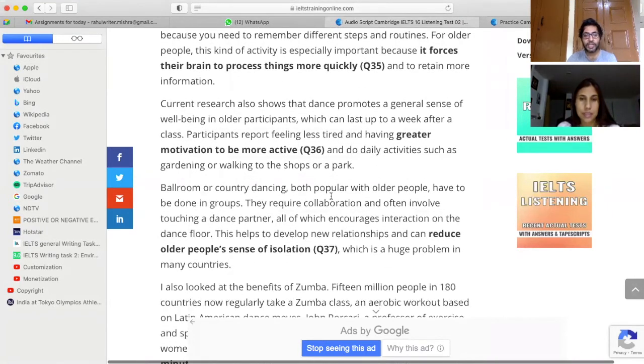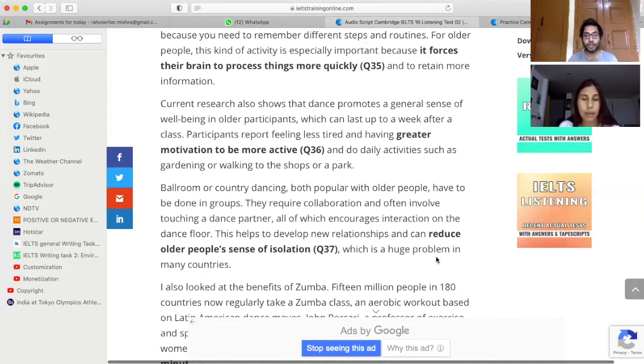So country dancing, ballroom dancing, these are both very famous with your senior citizens, right? These have to be done in groups. They require collaboration, that is true. Often involve touching a dance partner, all of which encourages interaction on the dance floor. This helps to develop new relationships and can reduce older people's sense of isolation, which is a huge problem.